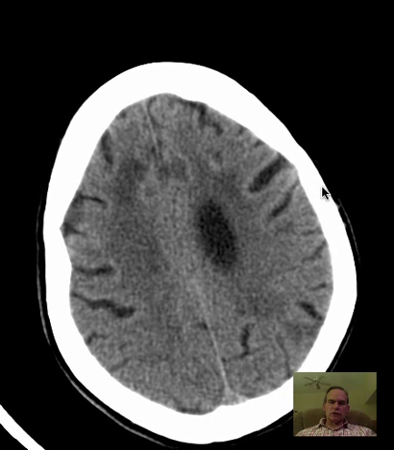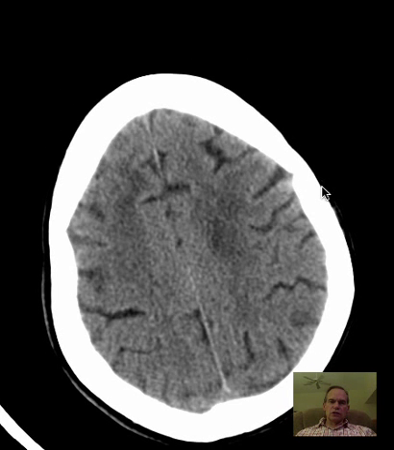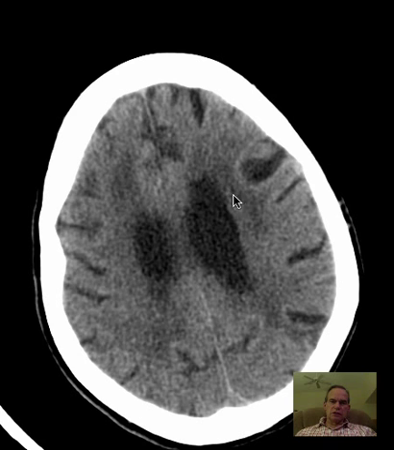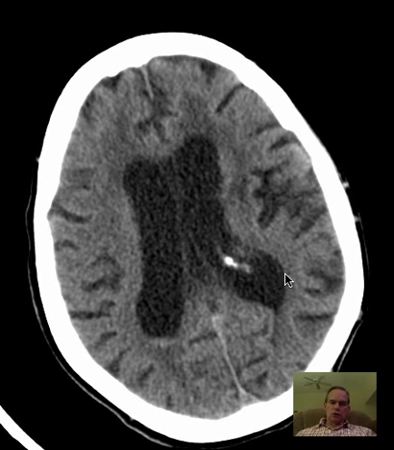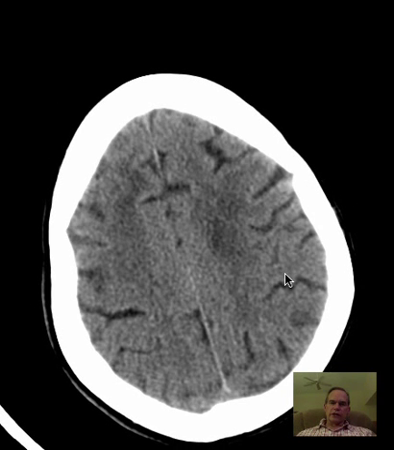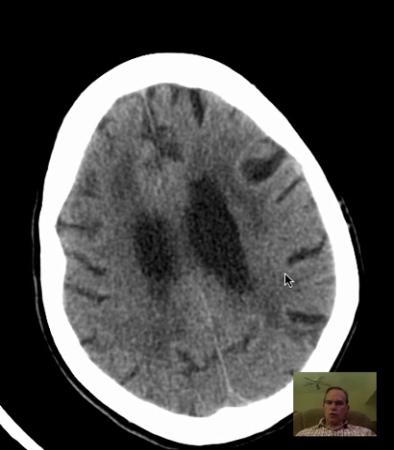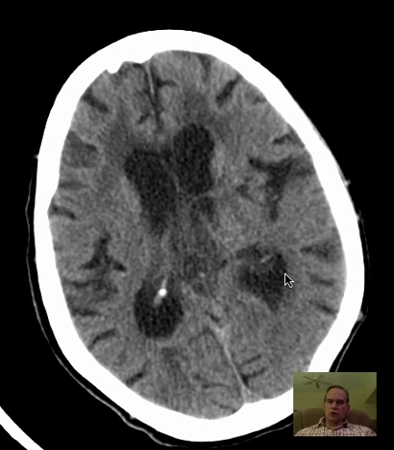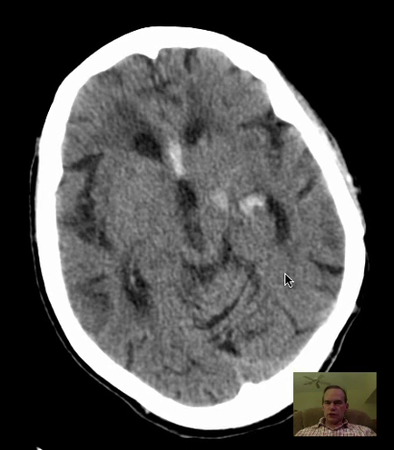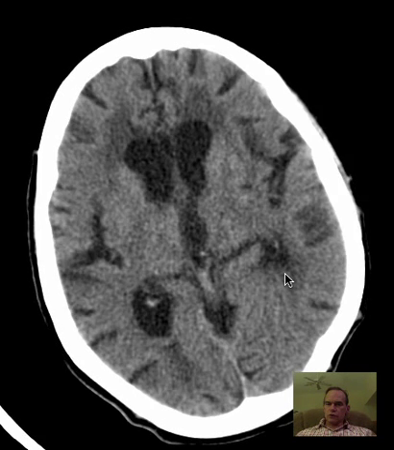Elsewhere in the brain we see that there are low attenuation areas of abnormality in the white matter, which are nonspecific but often referred to as age-related ischemic gliotic changes, or chronic white matter changes, or chronic ischemic white matter changes. Any of those are fine.